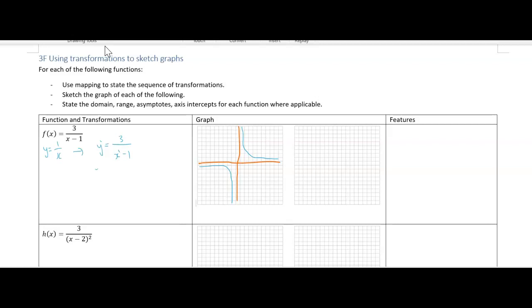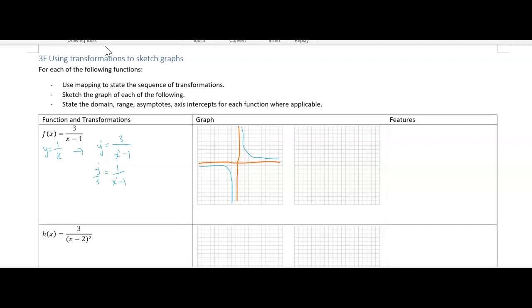Now, rearranging the image, the 3 I'm going to bring over by dividing by 3, and then I've got 1 over x dash minus 1. The reason I'm doing that is it's easier to see the transformations if your right-hand side looks similar to your basic graph.